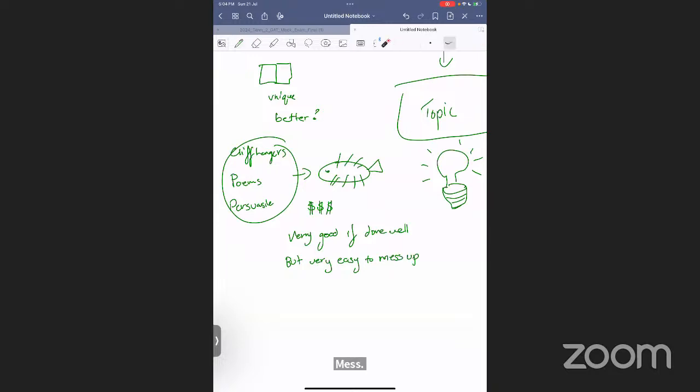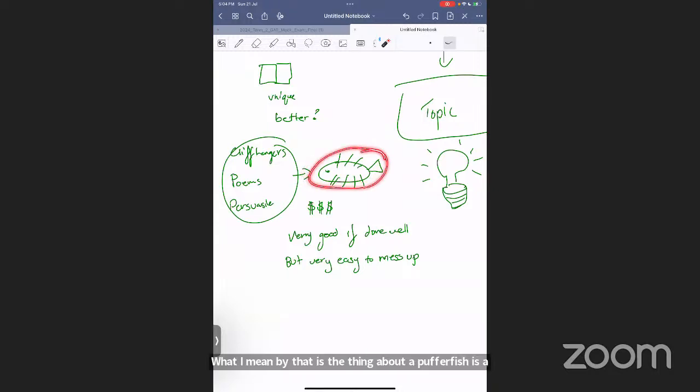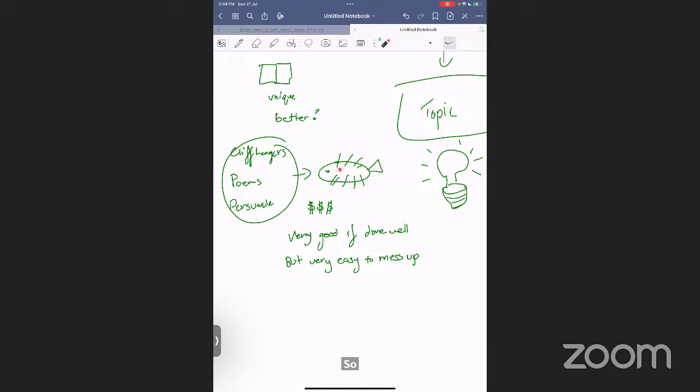The thing about a puffer fish is that it's a poisonous fish. If you cook it incorrectly, you will be paralyzed and you will die. So only very few skilled sushi chefs can cook a puffer fish. Similarly, cliffhangers, poems, persuasive writing, all of these things are awesome if you do them really, really well.